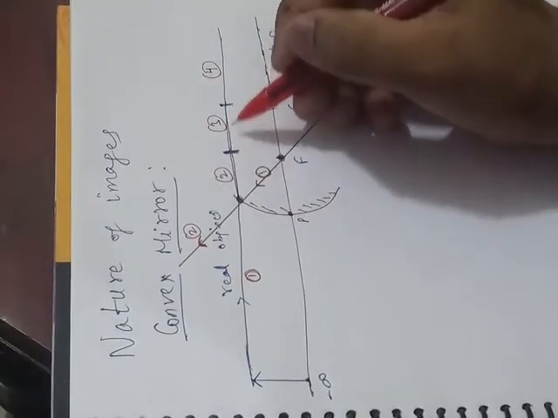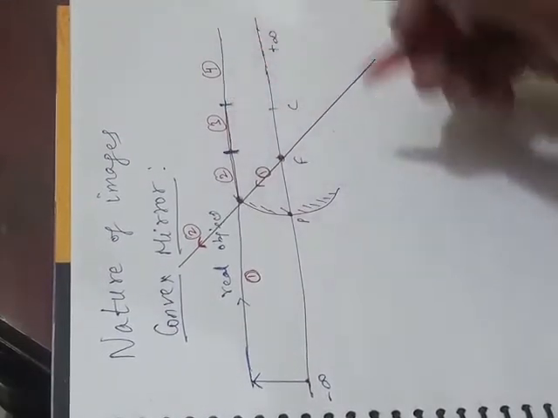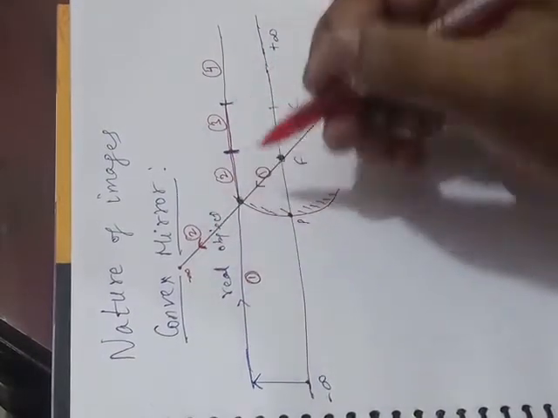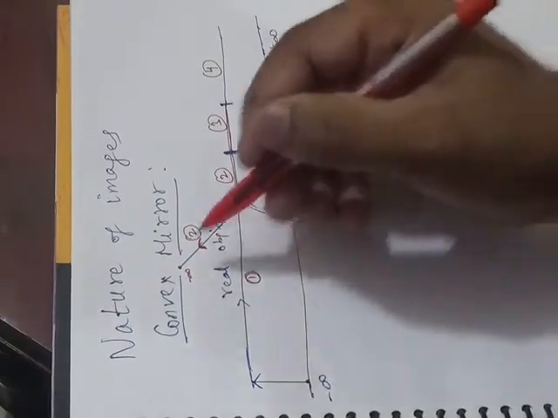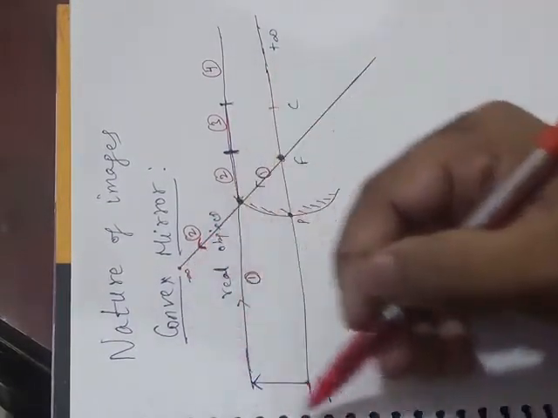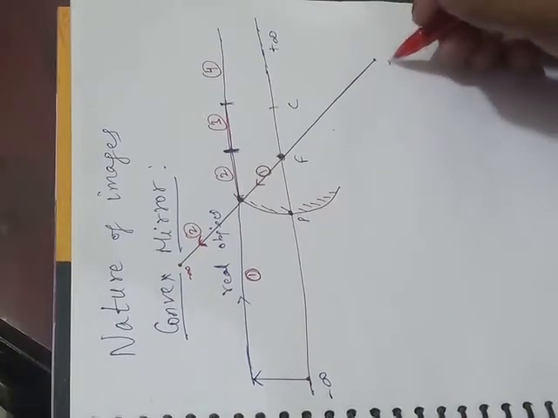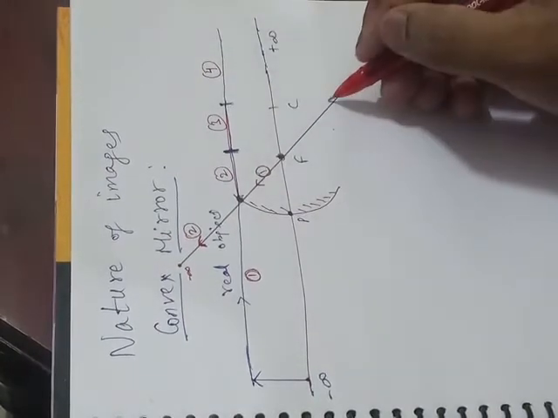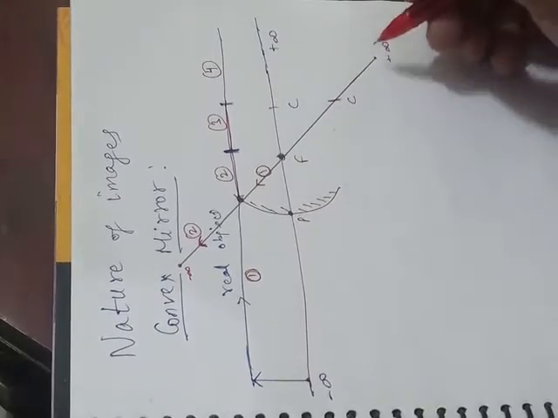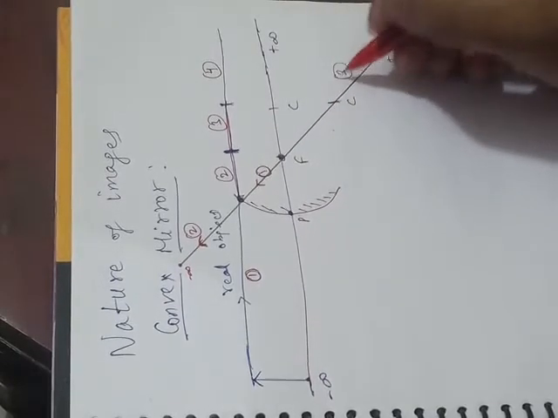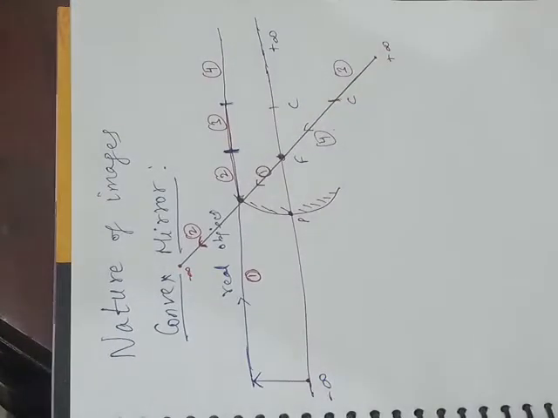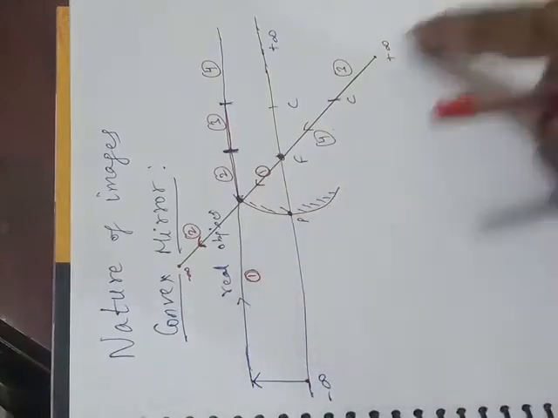Region 3 for the virtual object, region 3. So this will be minus infinity. This is pole to minus infinity, this is focus to pole, and then after minus infinity we have to start from plus infinity to center, and then center to F. So plus infinity to center will be your region number 3, and center to F will be your region number 4. Okay, so I hope you understood this.